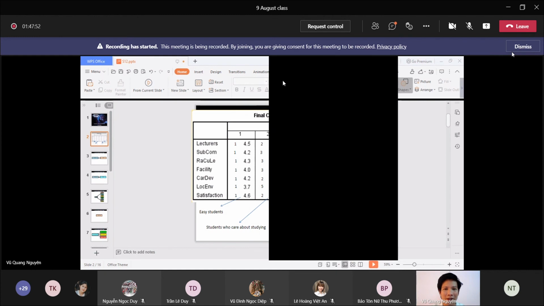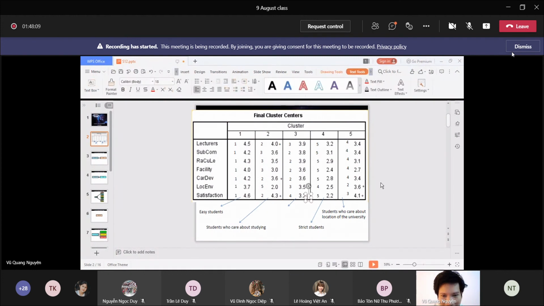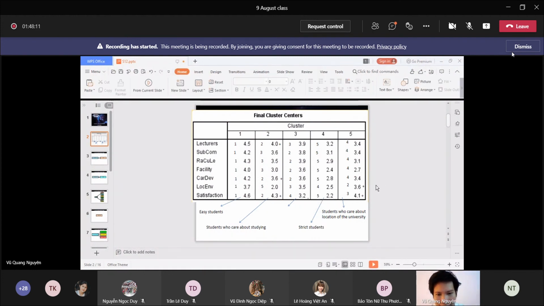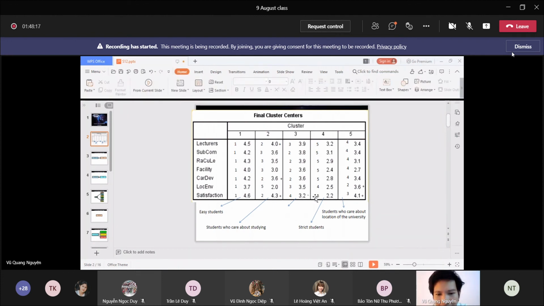What about people in cluster 2? Cluster 2 here, you can see that their satisfaction is very low, see? Low satisfaction, because rank number 4, see? 4 on 5 is low. Low satisfaction.